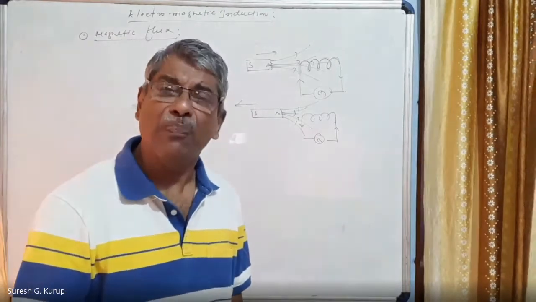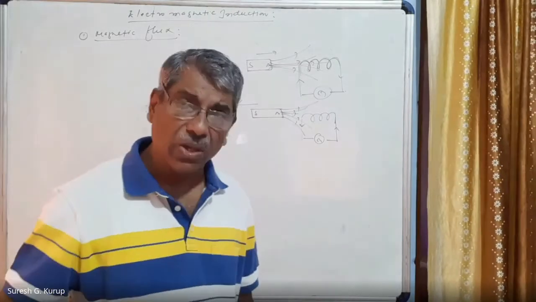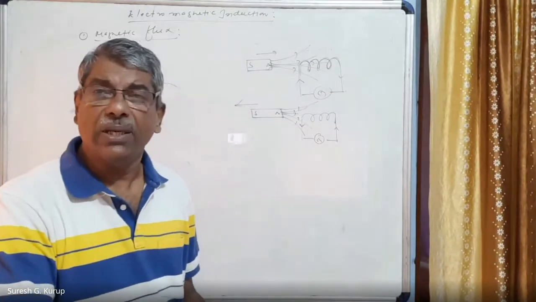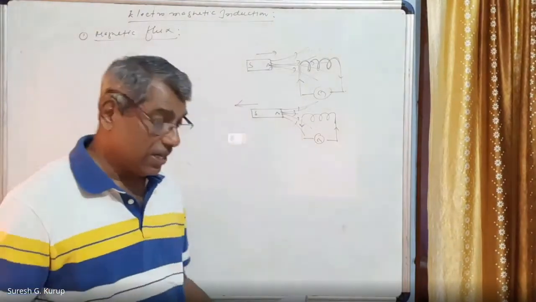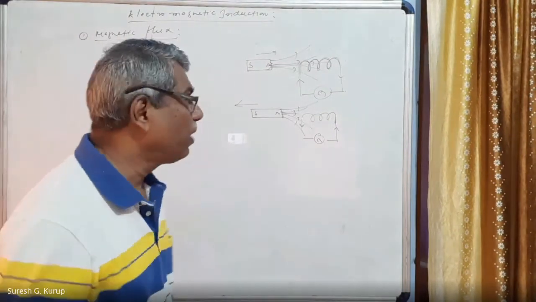Next is the second law. According to Faraday's second law, the magnitude of the EMF induced in the coil is directly proportional to the rate of change of magnetic flux.